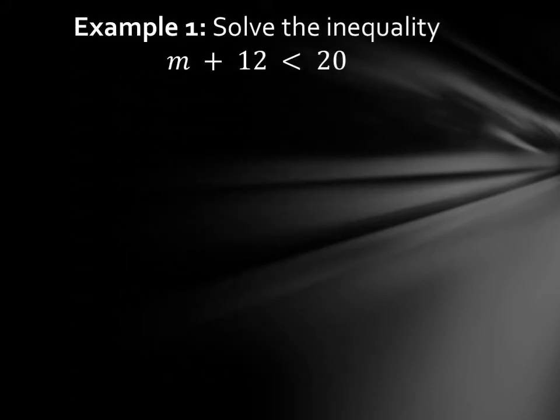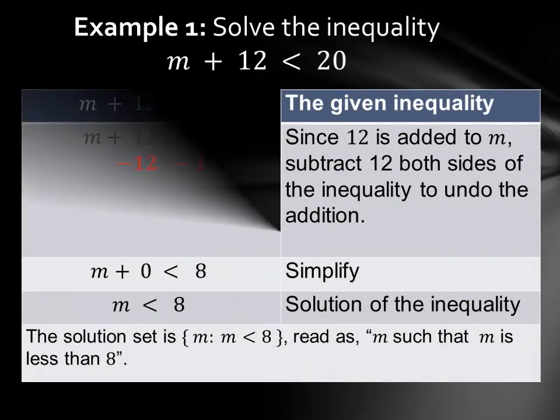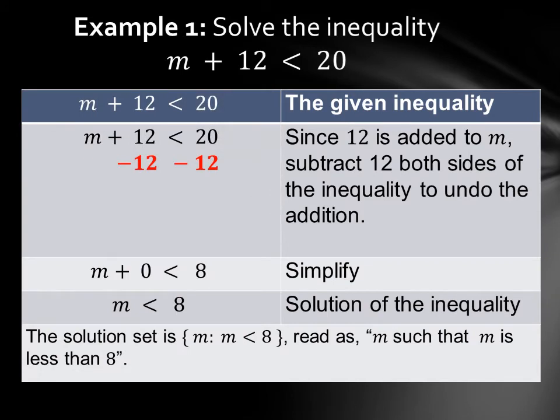For example, solve the inequality m plus 12 is less than 20. So the given inequality is m plus 12 is less than 20. Since 12 is added to m, we are going to subtract 12 from both sides of the inequality to undo the addition. So it becomes m plus 12 minus 12 is less than 20 minus 12.